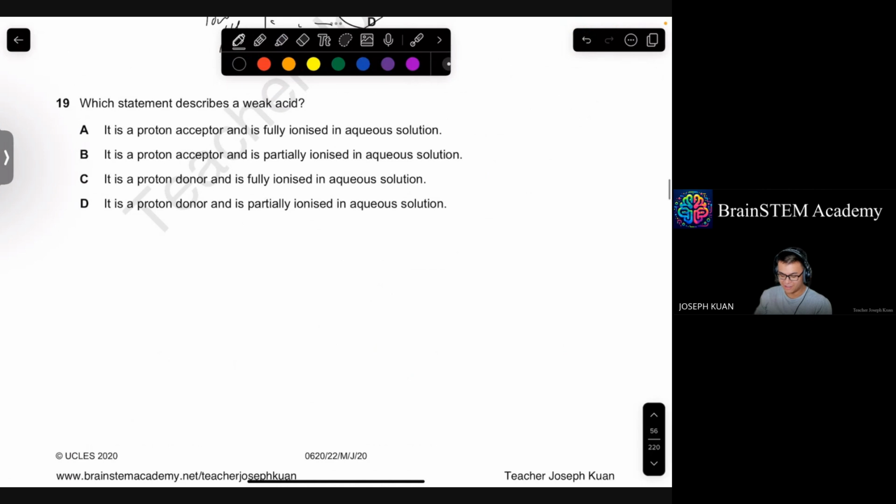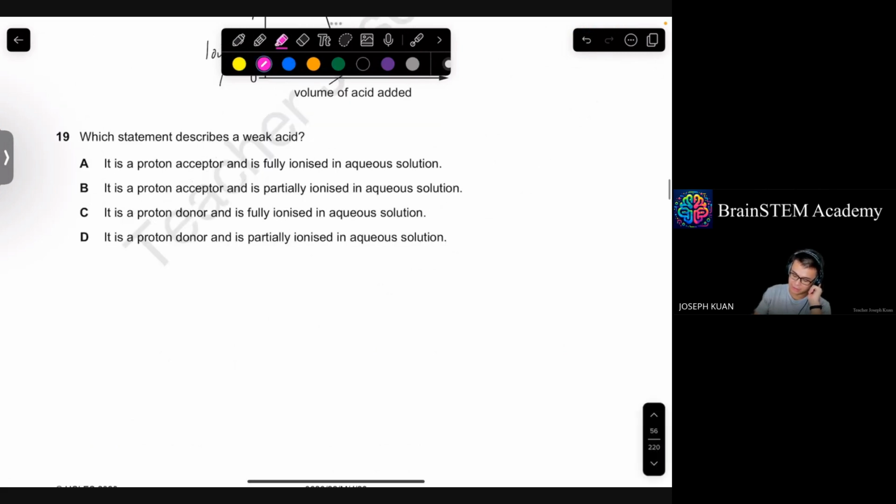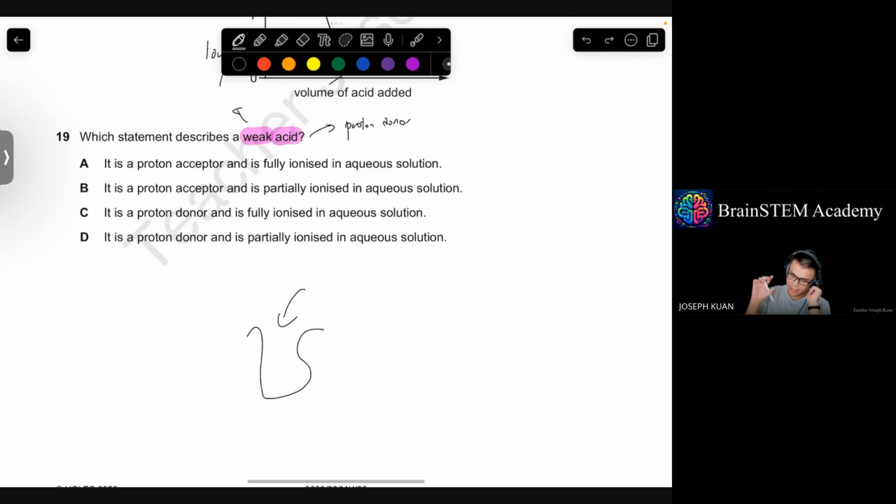All right. Now, question 19. Which statement describes a weak acid? Let's digest these two terms. An acid is by definition a proton donor. Weak refers to the ability of the compound to ionize in aqueous solution not being complete.